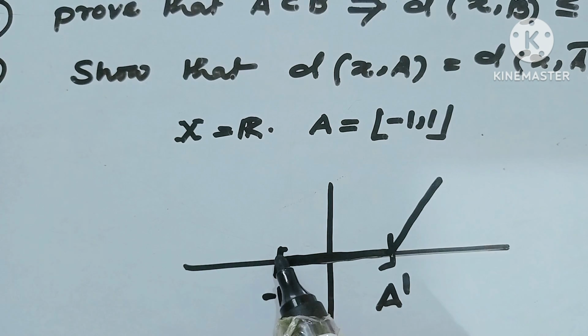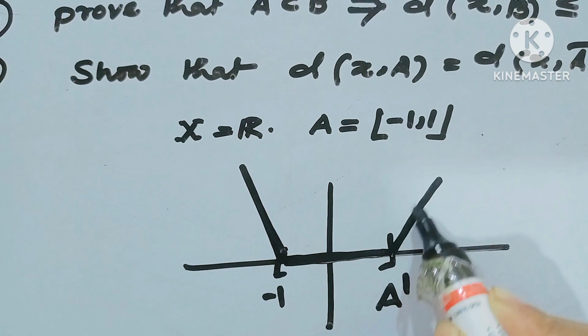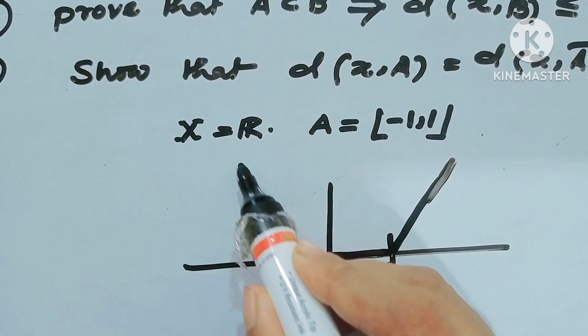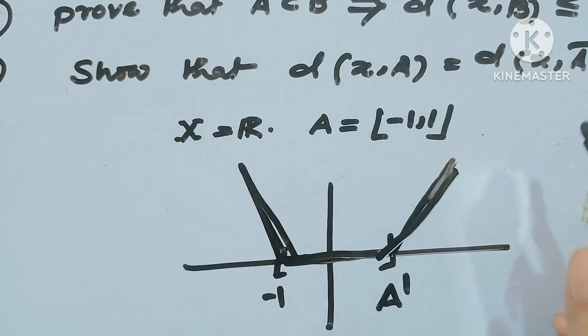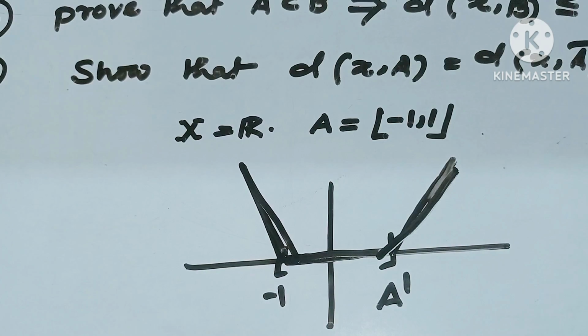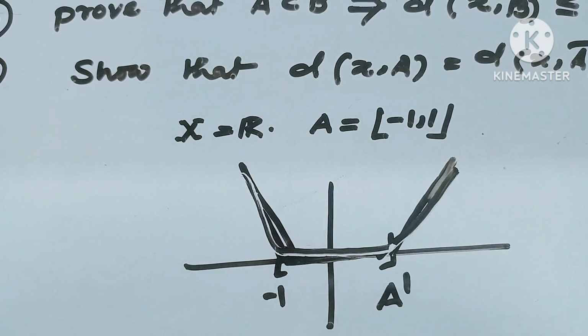Other infimum distance, when the point does not lie in the set, then the distance would be such type. So the infimum distance d of xA, here A equal to minus 1 to 1, would be such type.